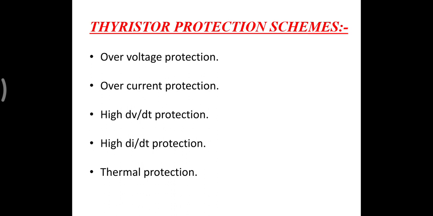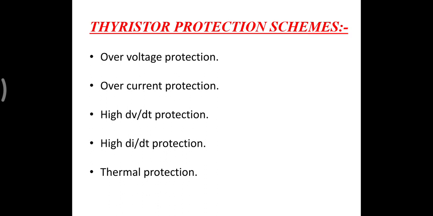First one is over voltage protection scheme, second one is over current protection scheme, third one is high dV by dt protection scheme, fourth one is high di by dt protection scheme, and finally thermal protection scheme. Out of these 5 we are going to discuss the first 4 very importantly.